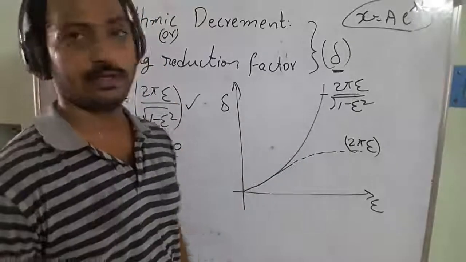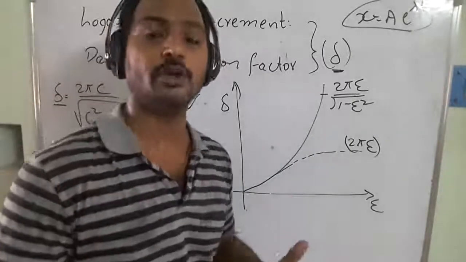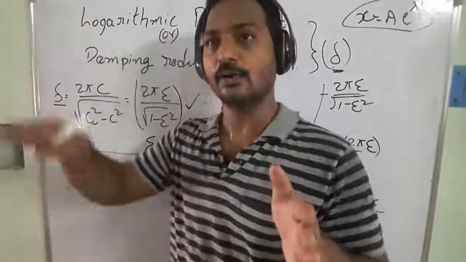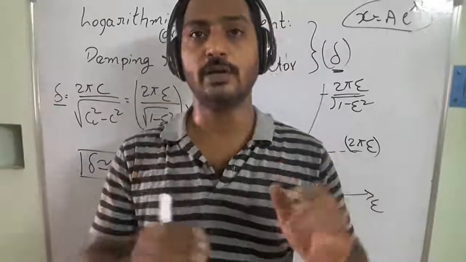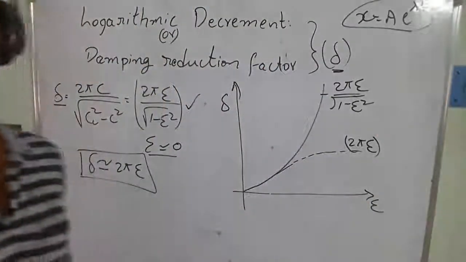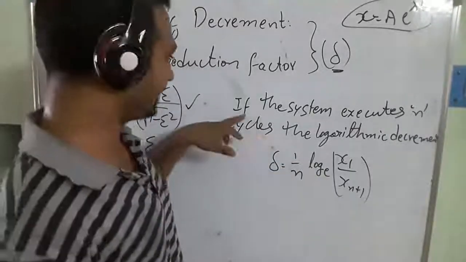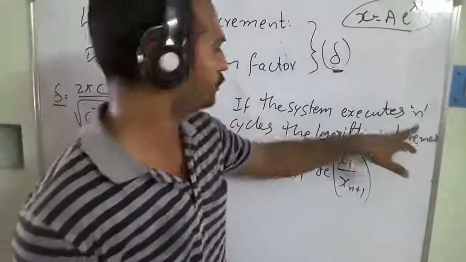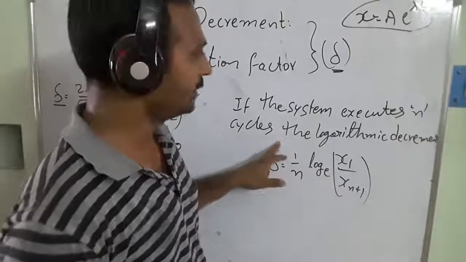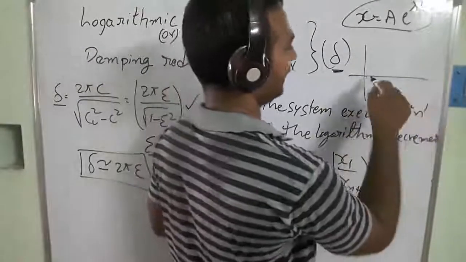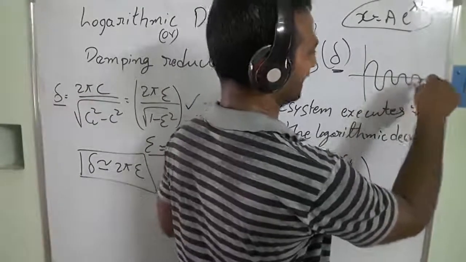In the further part we are going to define the case where this is only 2 consecutive cycles, but you have a number of cycles vibrating. For this one we are going to derive the equation. When the system has a number of cycles of vibration, as I have written here, if the system executes n cycles, then the logarithmic decrement, this is the number of cycles it is following.